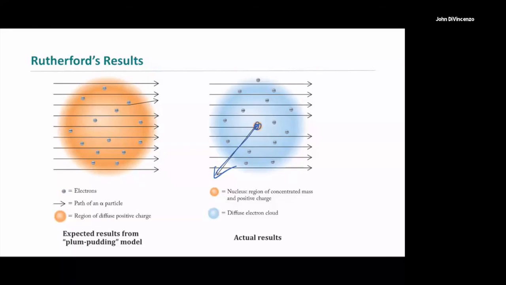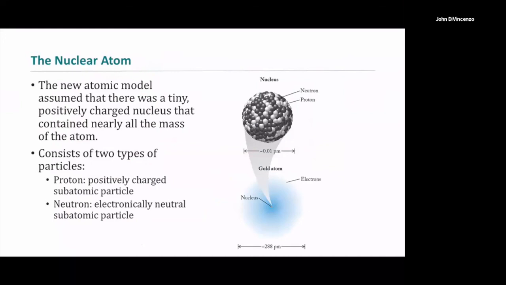Other questions? So to finish up today, let's just say that the new atomic model assumed that there was a very tiny positively charged nucleus that contained nearly all the mass of the atom. And now we know, I think it was 1932 with the neutron, Chadwick, I believe it was.